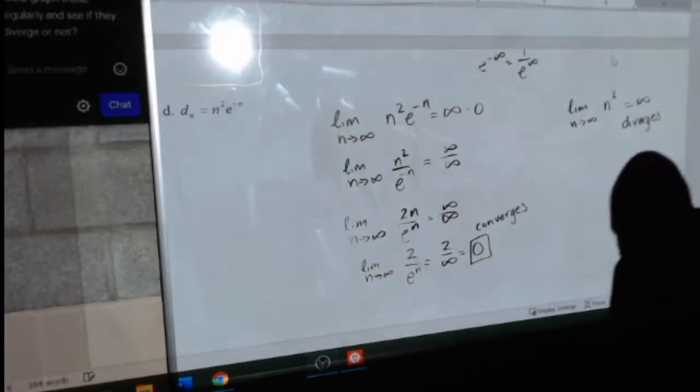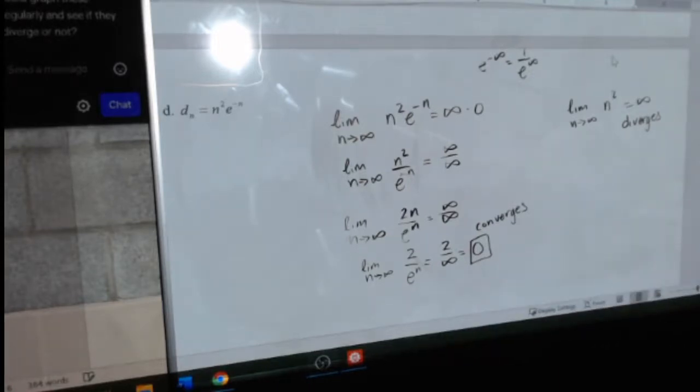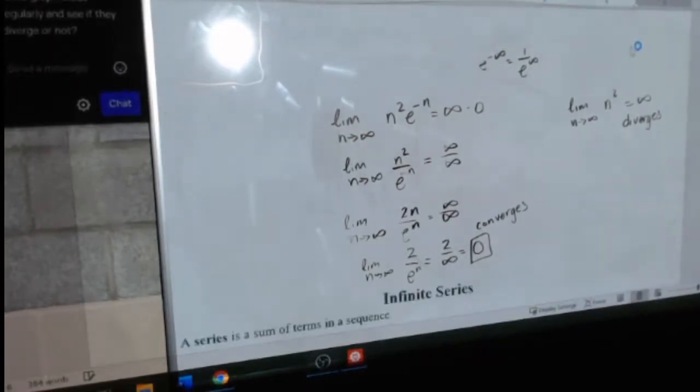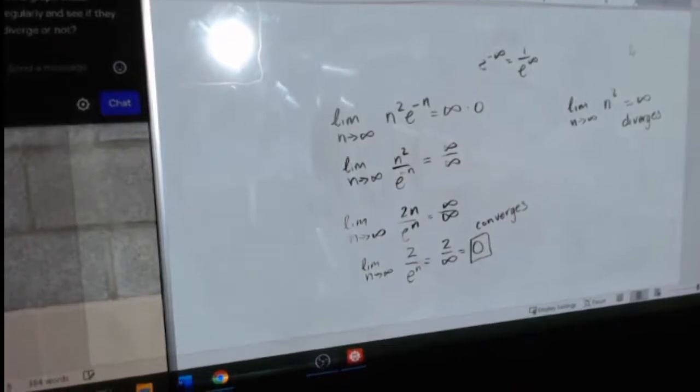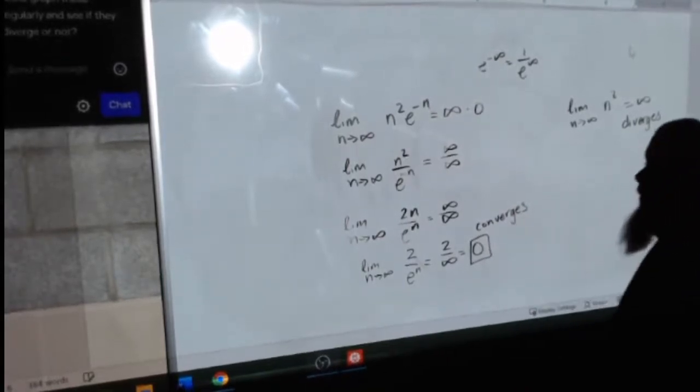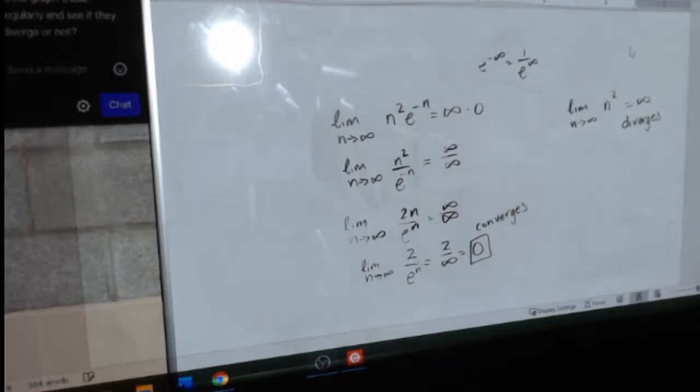I don't remember if there are any other sequences here. Let me just look. Nope, we start series. So any questions about that problem before I get into series?